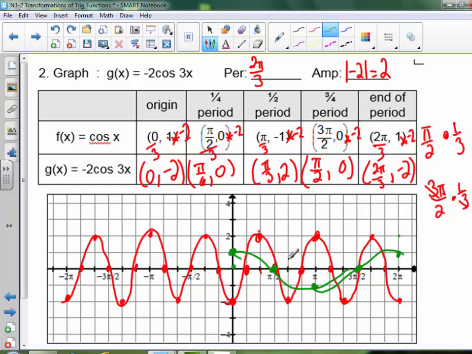That shape has now been reflected, so that's why we're seeing this up. It's been stretched up to 2 instead of 1, and down to negative 2 instead of negative 1, and we've shortened the period. We went from 0 to 2 pi over 3 right here. So that's our period. And then our amplitude, you can see, is 2. Or we could count from here. Our amplitude is still 2. Okay, all right.